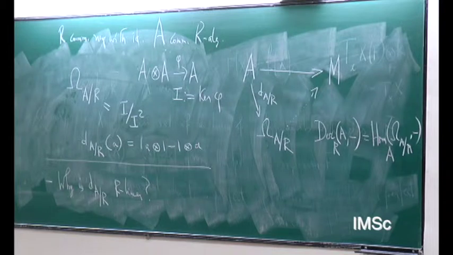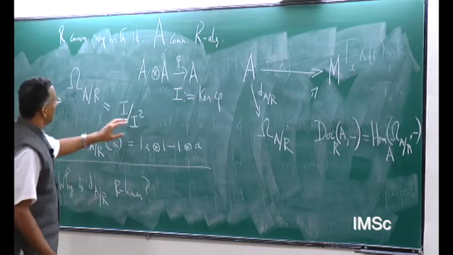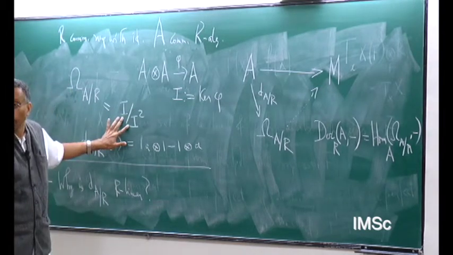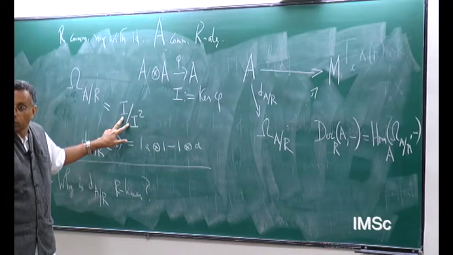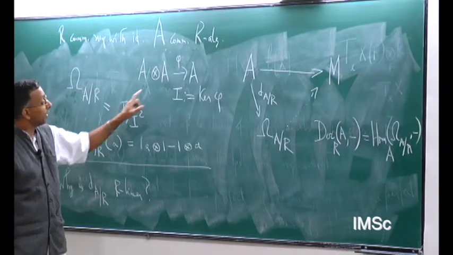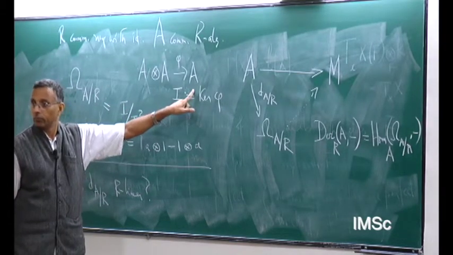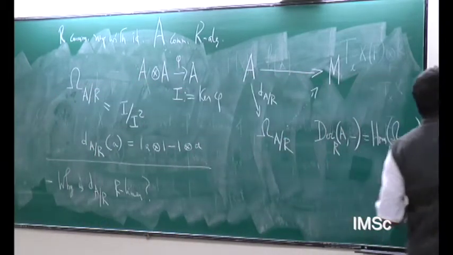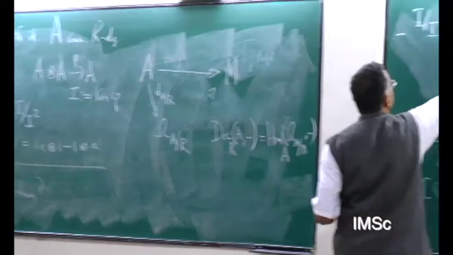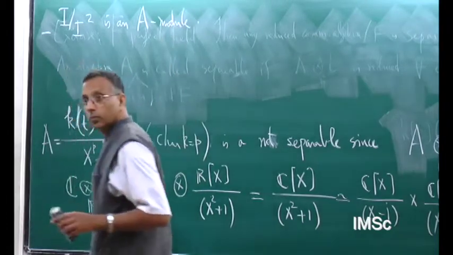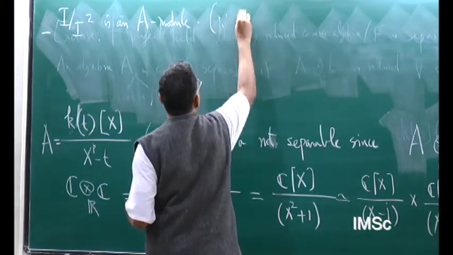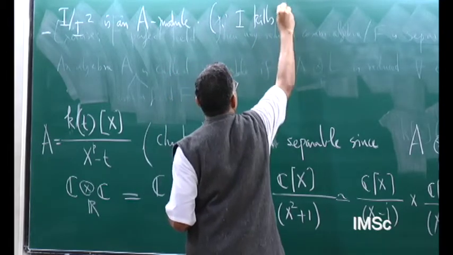A tensor A is a commutative algebra, so I can say it's an ideal in A tensor A. Now this makes sense as an A tensor A module, but then this is killed by I, so the module structure descends to A. So I mod I square is an A module, because I kills I mod I square.